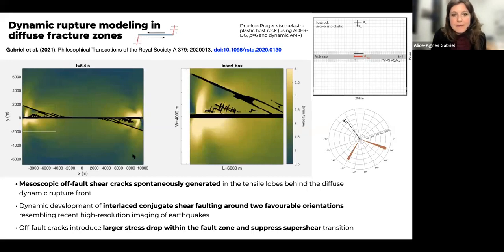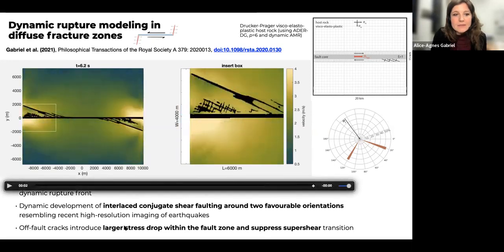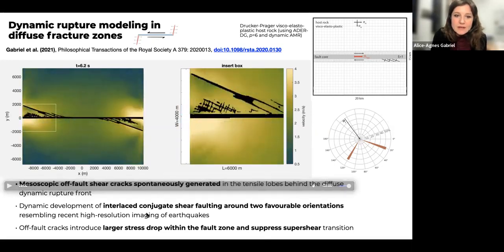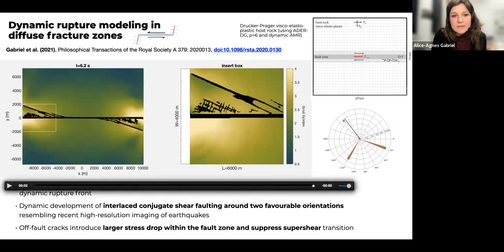These are mesoscopic shear cracks that are spontaneously generated by a dynamic rupture in this diffuse fault zone. What's interesting is that we are seeing spontaneous formation of conjugate shear faulting around two favorable orientations that seem to resemble recent high resolution imaging of earthquakes.